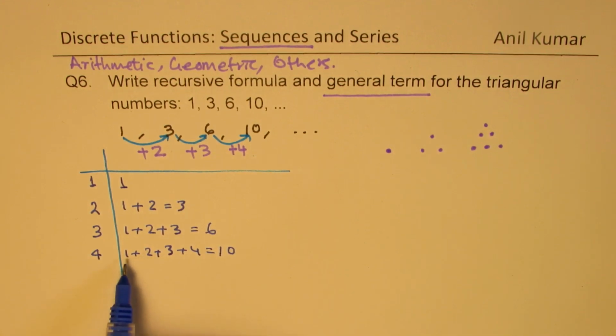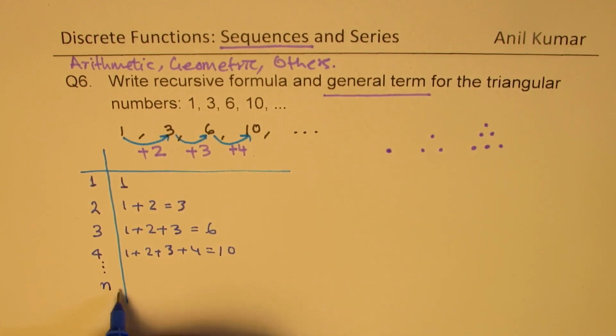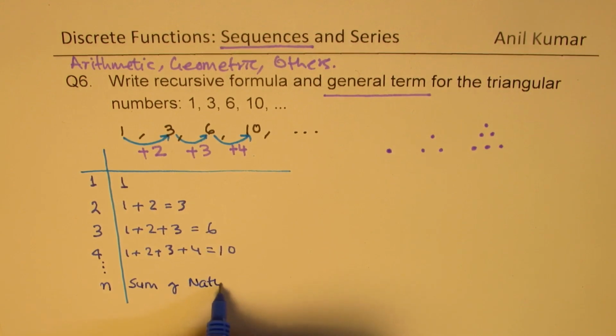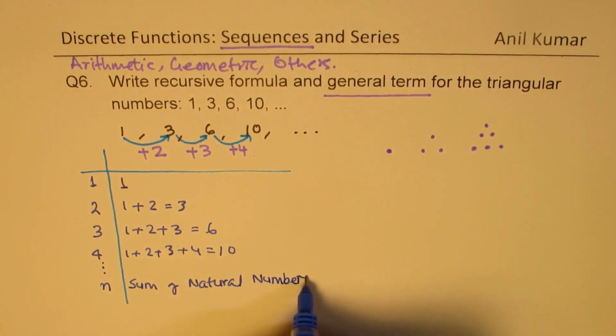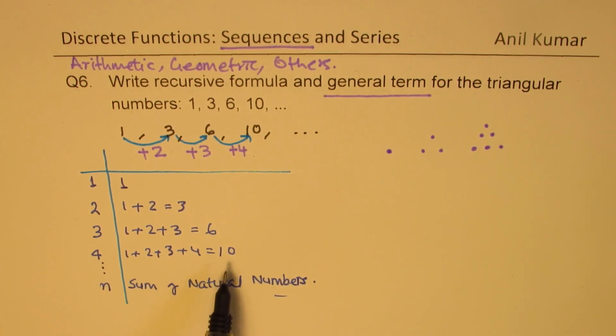So likewise, what you see is the sum of natural numbers, right? So as you move, the nth number will be the sum of natural numbers. So that should give you the formula, right? If there are 4 numbers, you get 10, when you multiply the two numbers n, which is 4, times 5 divided by 2, right?